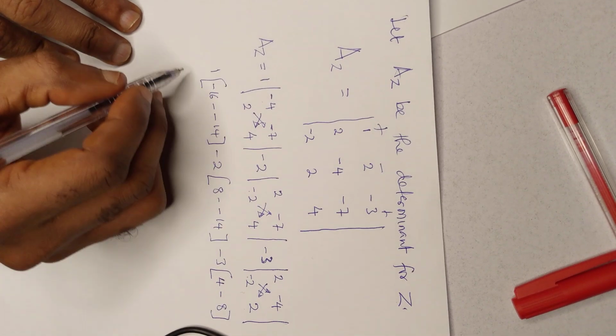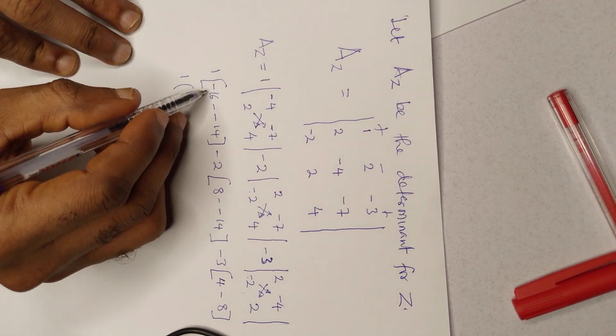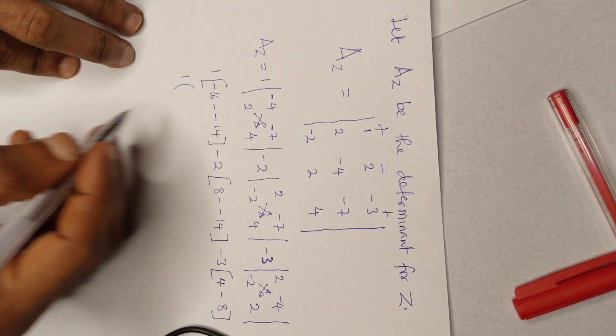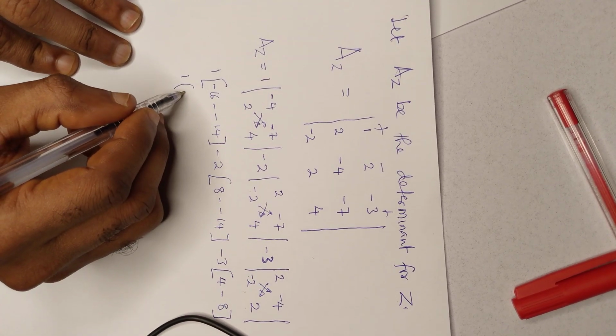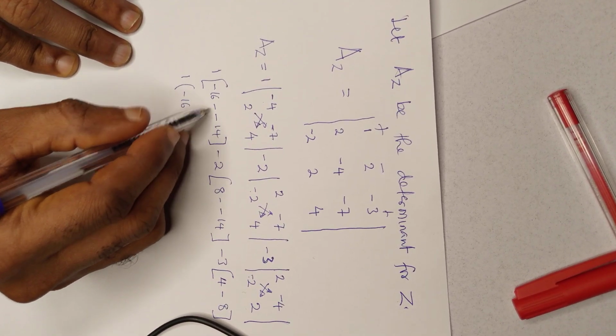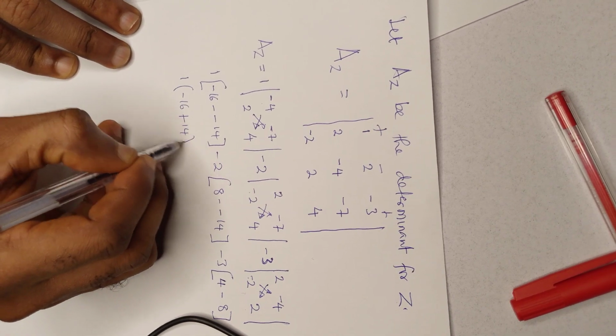Okay, so we continue. 1 into minus 16 minus minus 14 is the same thing as saying minus 16 plus 14. Minus times minus is plus, so we have plus 14.